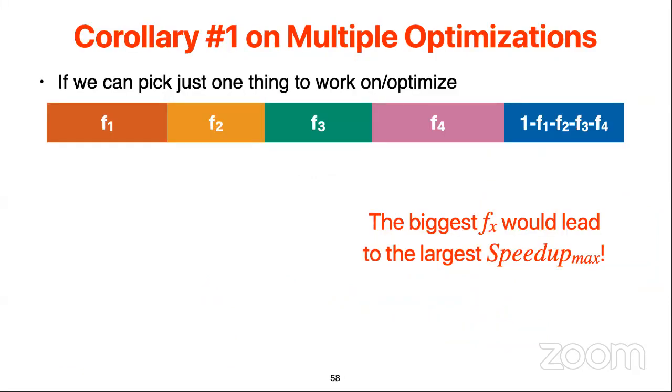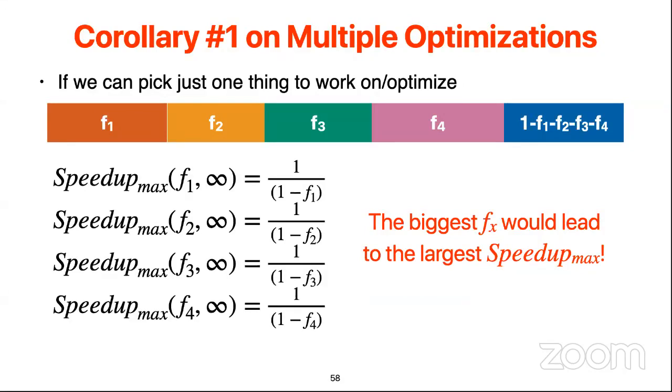So another corollary which we can get from there is that if you get the maximum optimization from each part, you will know that if I can only do one thing at a time, if I have a limited budget, then I should just use it on the part that can give me the maximum potential speedup, right?